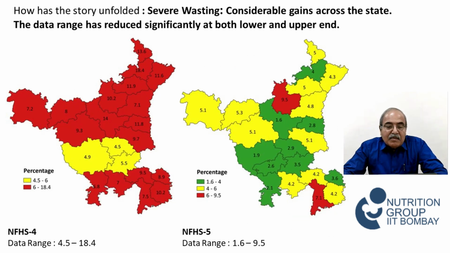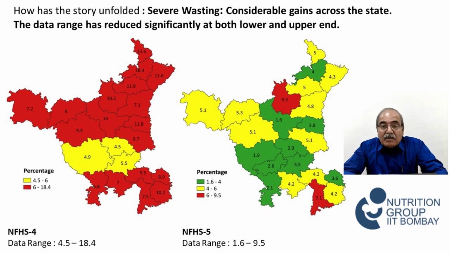We again look at severe wasting, and surprisingly, there are considerable gains across the state. Now, considerable gains both in wasting and severe wasting tell a story because sometimes the two diverge. The data range again reduces considerably. You can look at it, 4.5% children being severely wasted was the lower bound in NFHS 4.